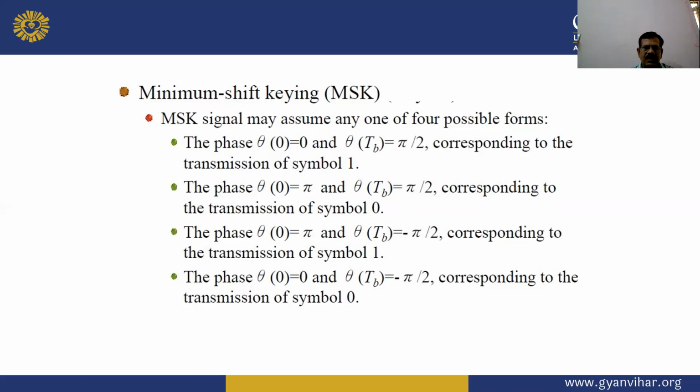Next, third, if the phase theta 0 equal to pi and theta TB equal to minus pi by 2, then corresponding to the transmission of symbol 1. And fourth and last, if the phase theta 0 equal to 0 and theta TB equal to minus pi by 2, then corresponding to the transmission of symbol 0.